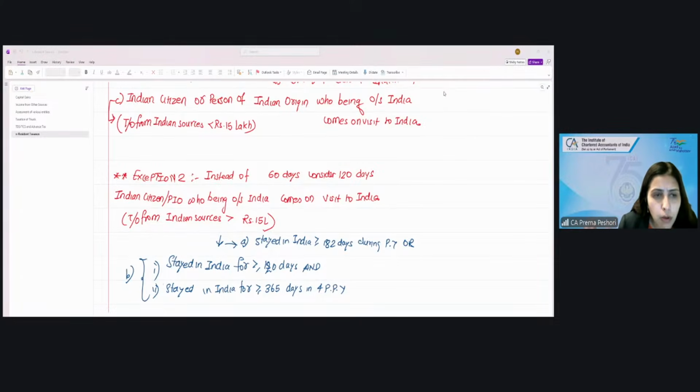In case of foreign bound ships, where the destination of voyage is outside India, the CBDT has issued a notification, has inserted a rule 126, which says that in case of an Indian citizen who is a member of crew of a ship, we will not include, while counting the number of days, the period from the date entered into the discharge certificate when he joins the ship and up till the date he signs off from the ship.